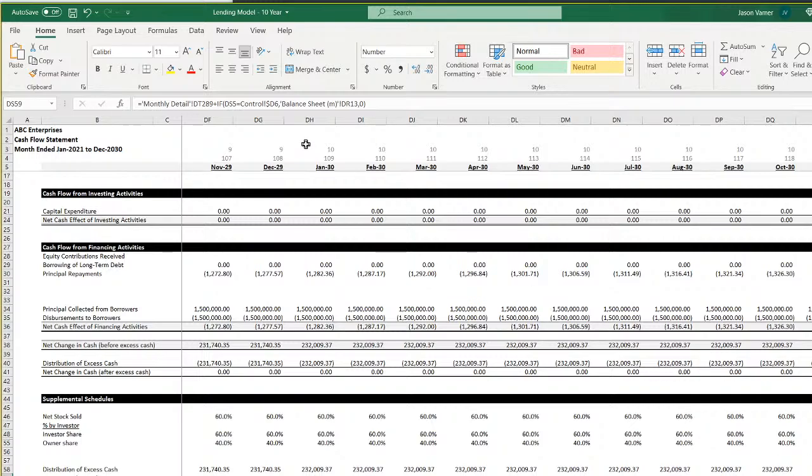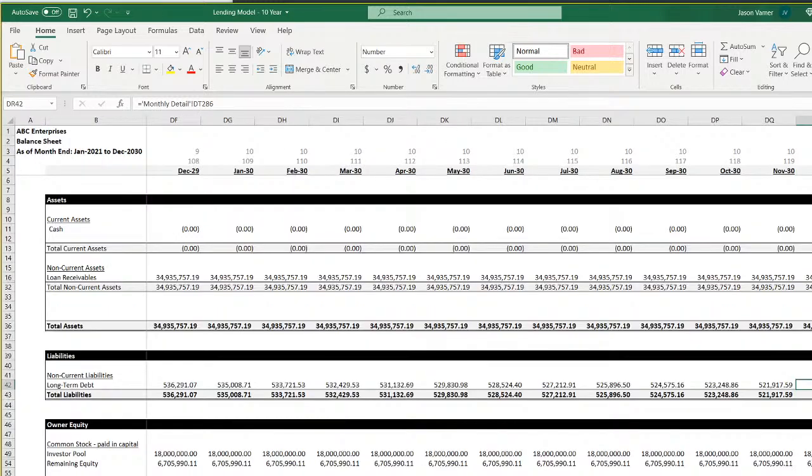And you can see it's doing monthly tail DT 289, which is the valuation, plus, if it's the exit month, then take the balance sheet DR13, which is any current cash.